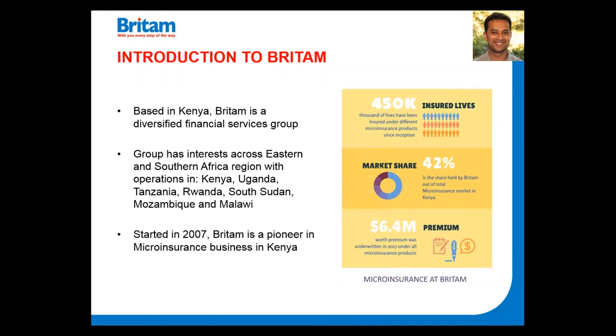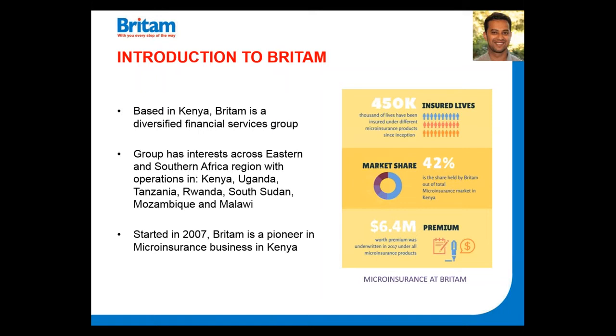To start with, an introduction to Britam. Britam is a diversified financial services group based in Kenya with insurance, asset management, and property businesses. We have our presence across the Eastern and Southern Africa region, in Kenya, Uganda, and Tanzania. Coming to microinsurance, Britam started working in microinsurance in 2007 and has been a pioneer.